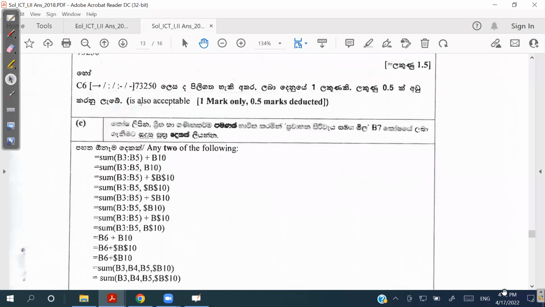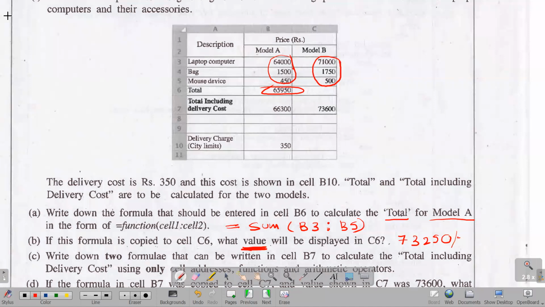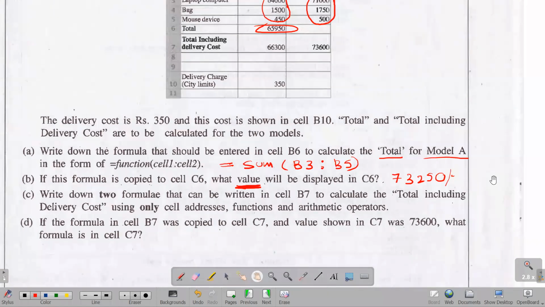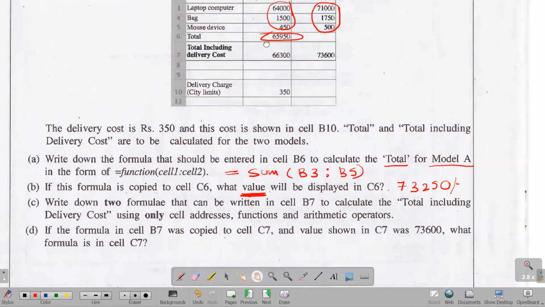Okay, so for part C, they are asking to calculate this thing with the delivery charge. Right, so write down two formulas that can be written in cell B7. Cell B7 means over here.